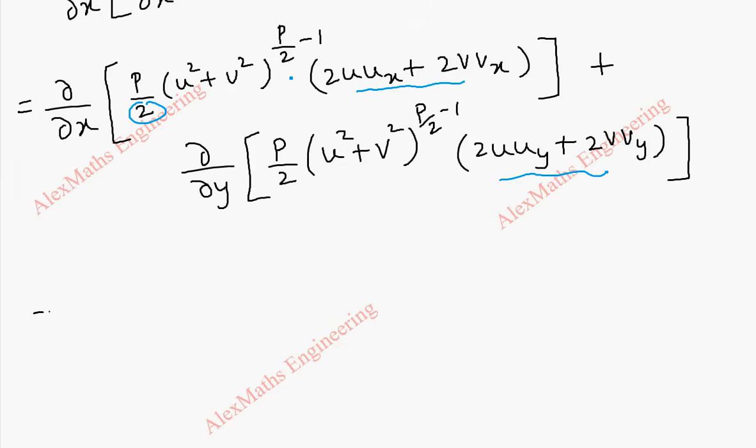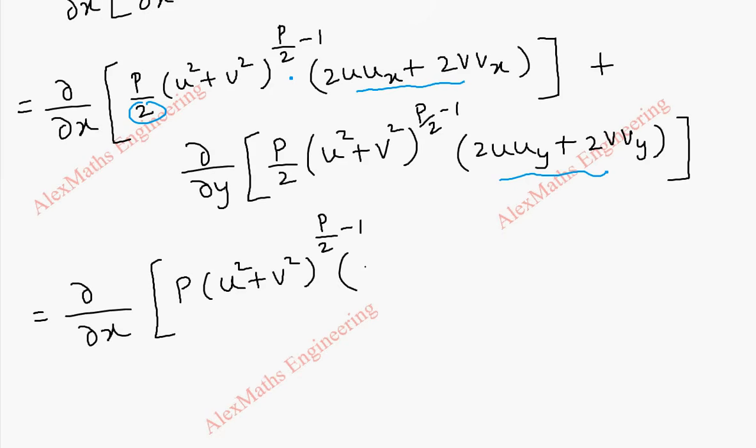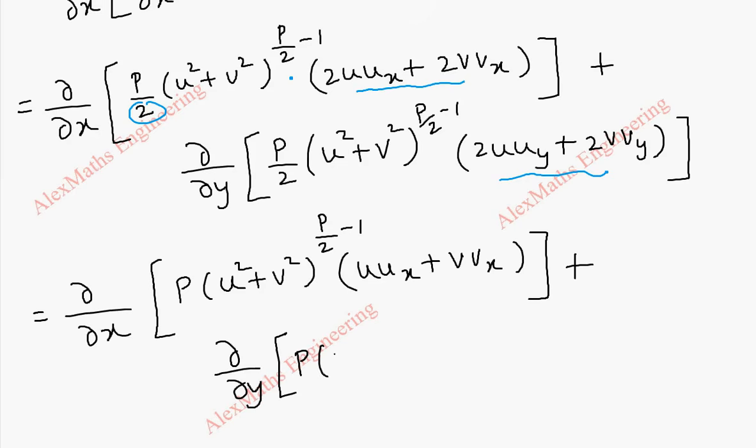So the first term is ∂/∂x of p(u² + v²)^(p/2 - 1) times (u ux + v vx), and plus ∂/∂y of p(u² + v²)^(p/2 - 1) times (u uy + v vy).